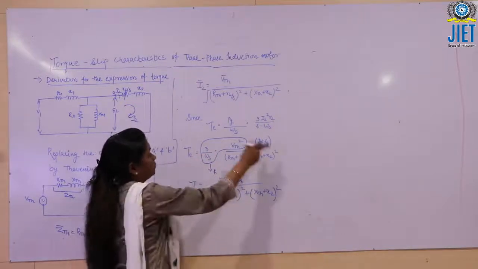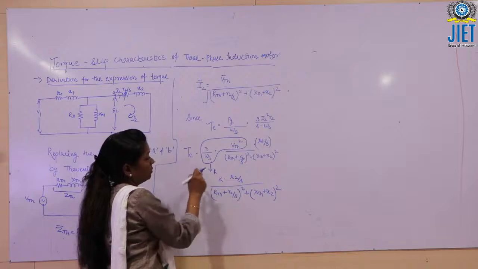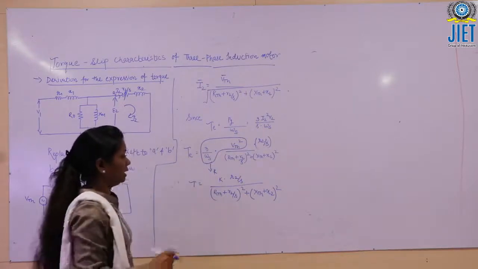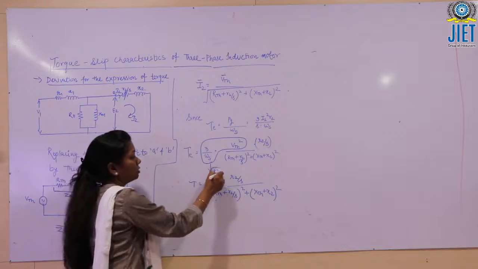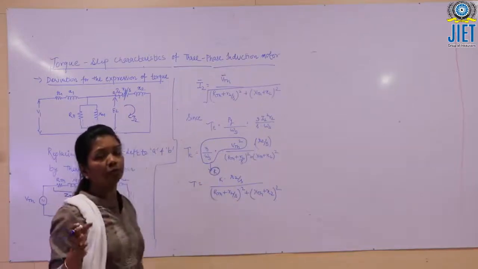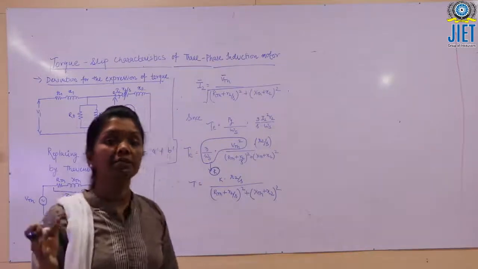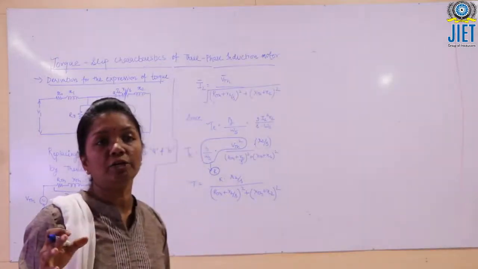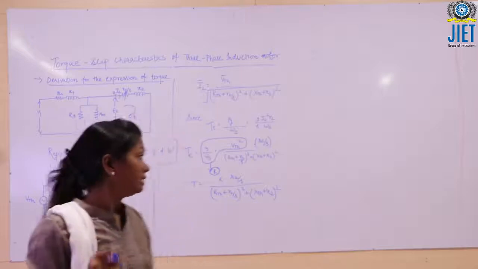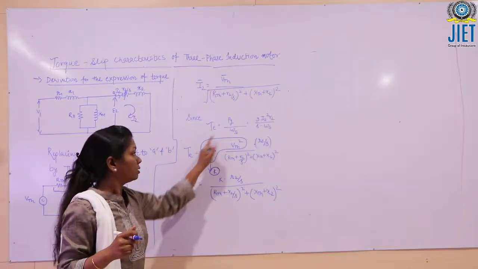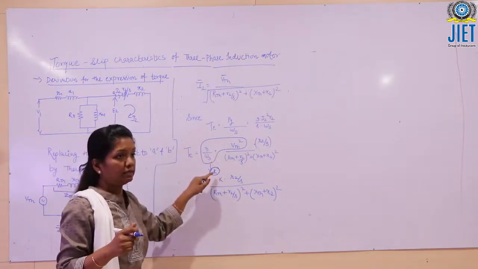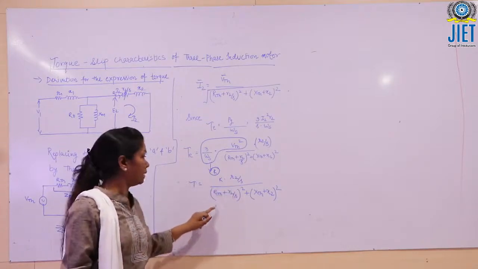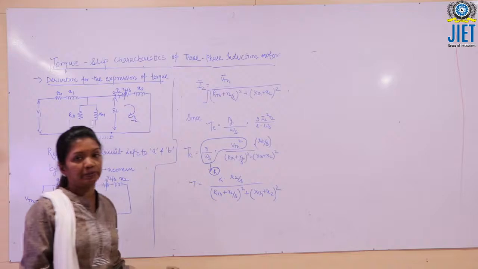Now in this expression of torque developed, 3 upon omega s into VTH square is taken as the constant K. We are here assuming that the voltage applied to the motor is constant. So when the voltage applied to the motor is constant, this whole parameter becomes constant and this becomes K into R2 by s divided by this expression.